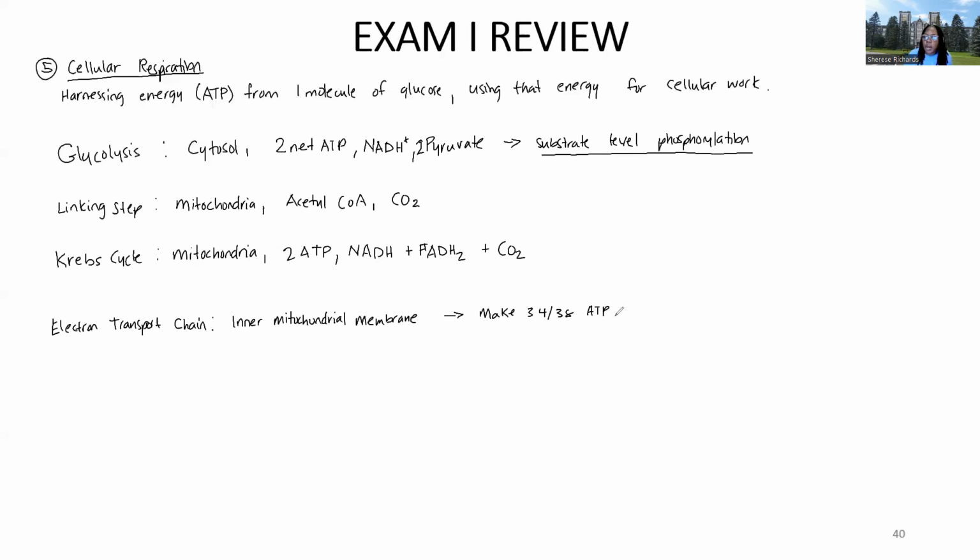We also said here that oxygen is required to be that final electron acceptor. Very, very important, right? Oxygen is required to be the final electron acceptor. Okay. So the final electron acceptor. The other thing we said here is that this is made by oxidative phosphorylation, right? So the ATP made by oxidative phosphorylation.